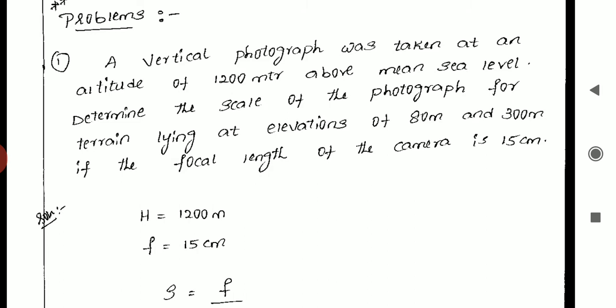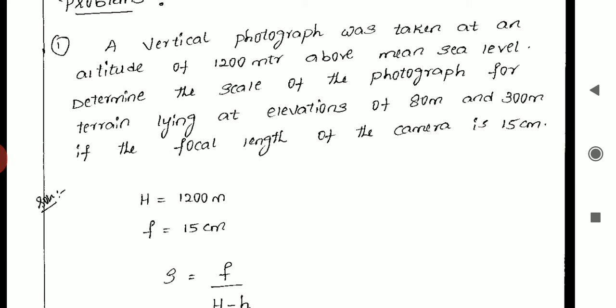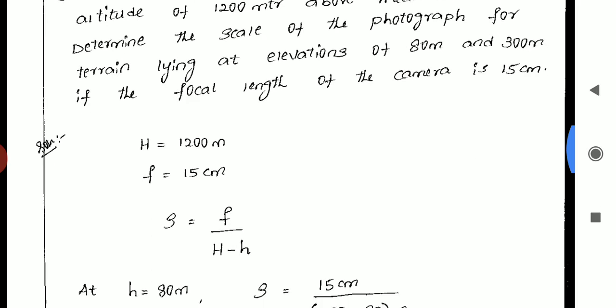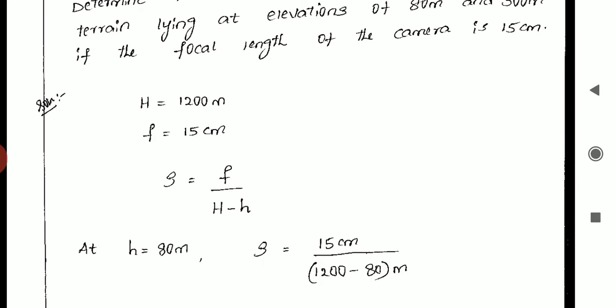First data he mentioned: altitude 1200 meter, that is the overall height from the ground to the camera, and f is the focal length, so 15 centimeter. Next, the vertical photograph formula is S equal to scale equal to f by capital H minus small h.